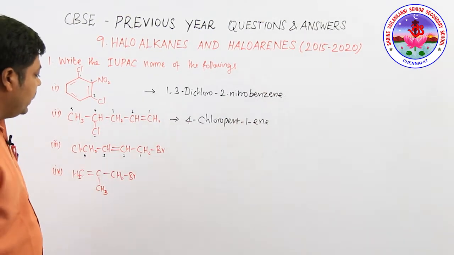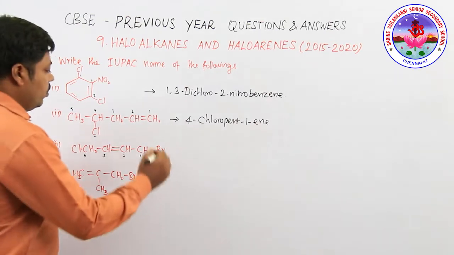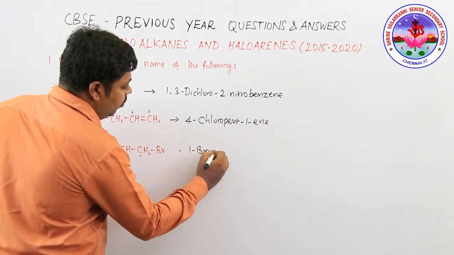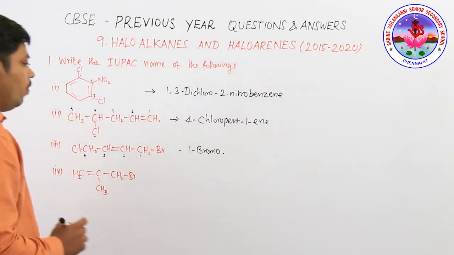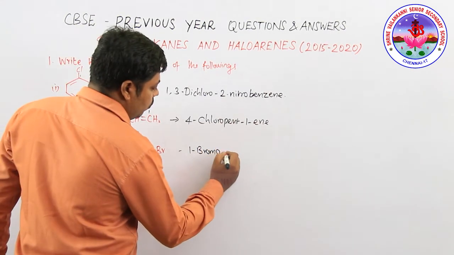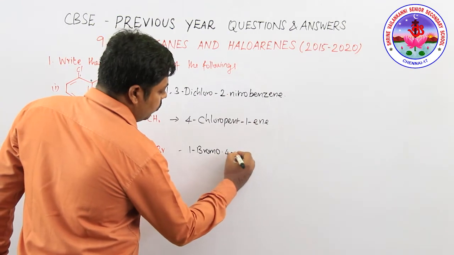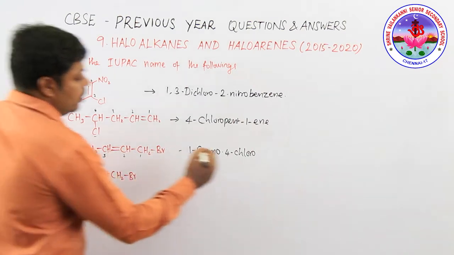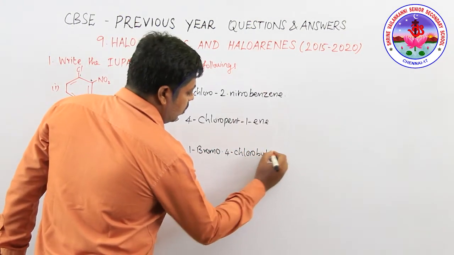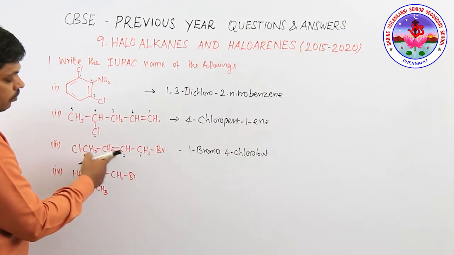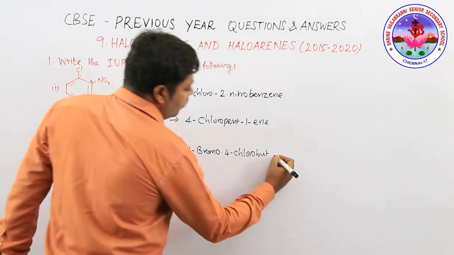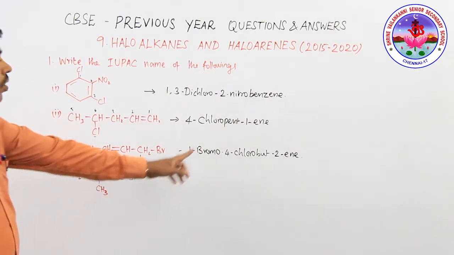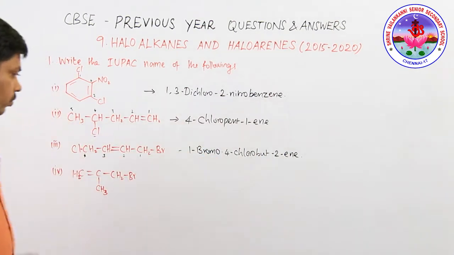The word root here is but. So the name is 1-bromo, 4-chloro, and the second position has a double bond, so but-2-ene. So 1-bromo-4-chlorobut-2-ene.